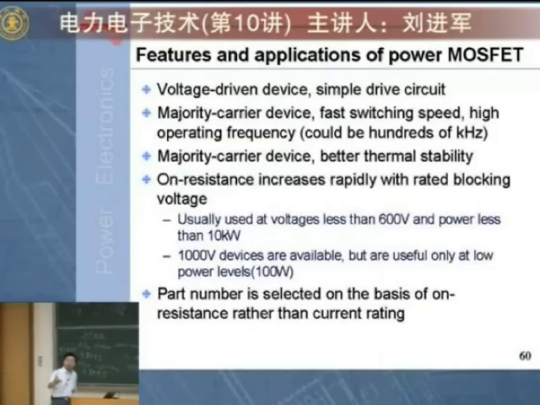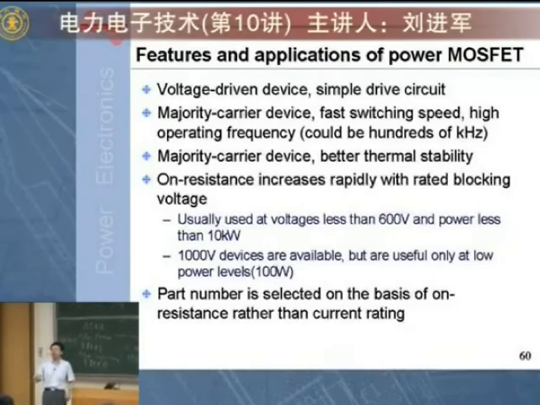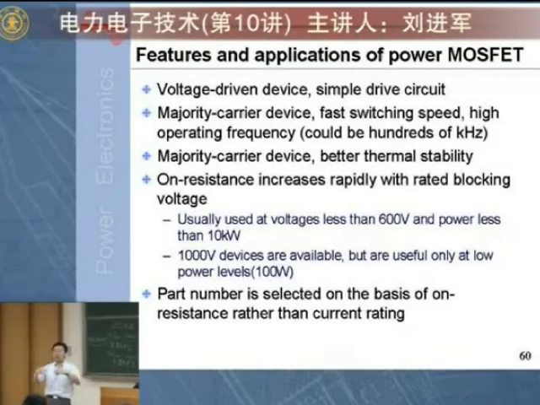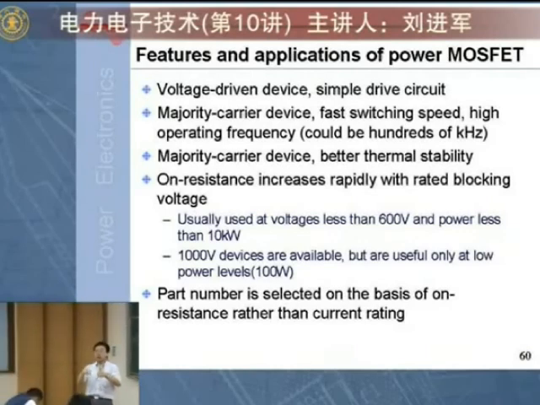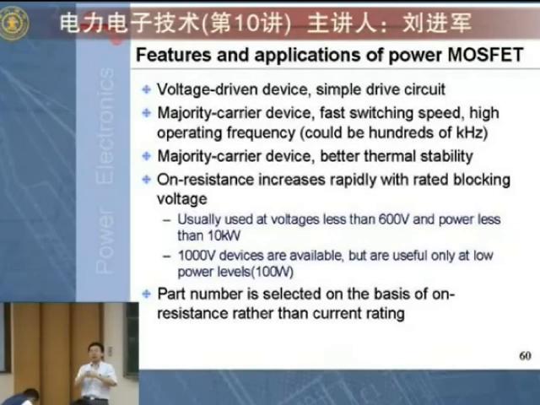So, majority carrier devices has good advantages. The switching, turning on, turning off process will be very fast. Very fast, because you don't need time to inject carriers into N- region. Okay?